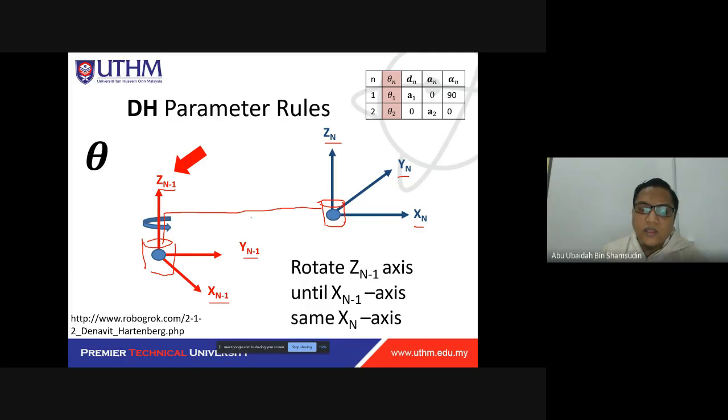So if I rotate about Zn minus 1 here, so that Xn minus 1 is the same as Xn, what is the value for theta?